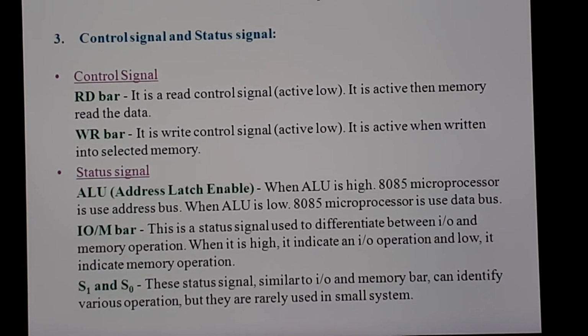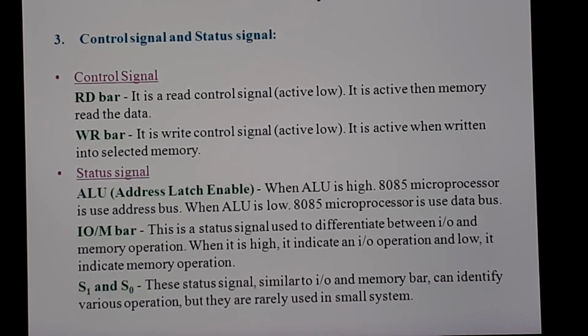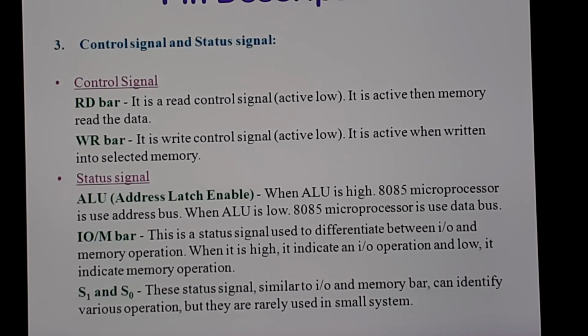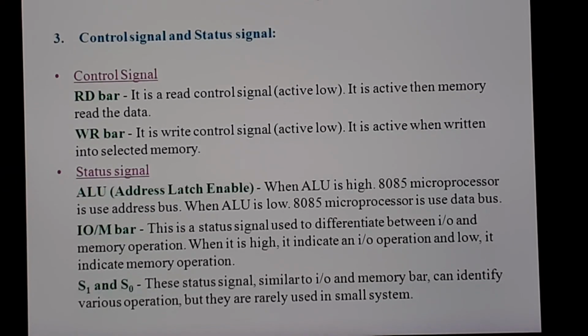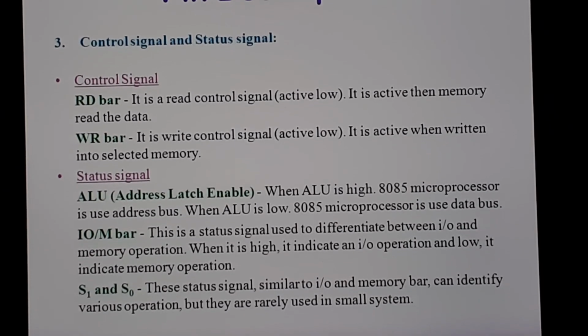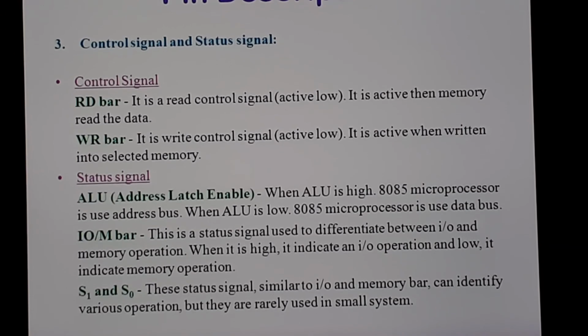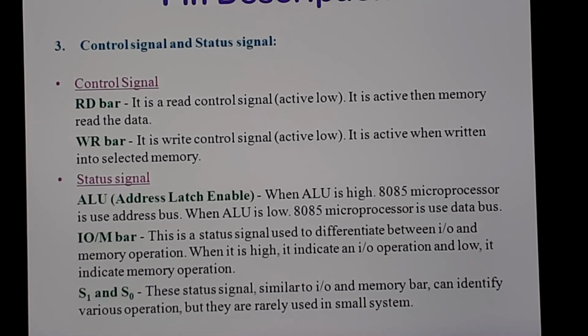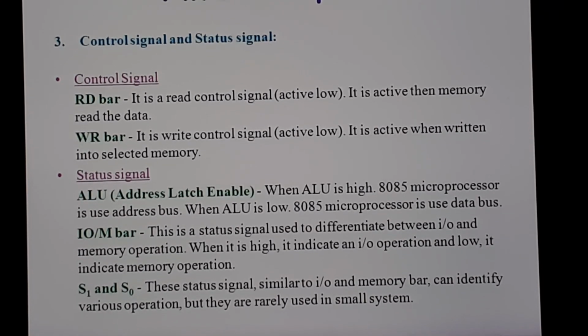Now the next pin, IO/M bar, from the pin diagram is pin number 34. It is a status signal pin which indicates whether the address on the address bus is for an IO device or for memory.